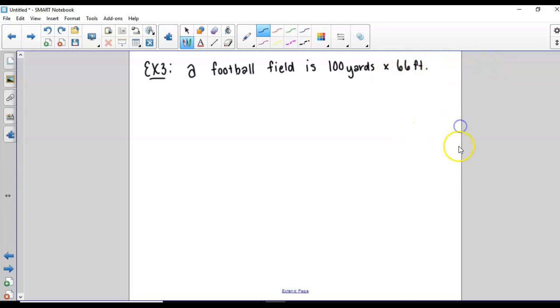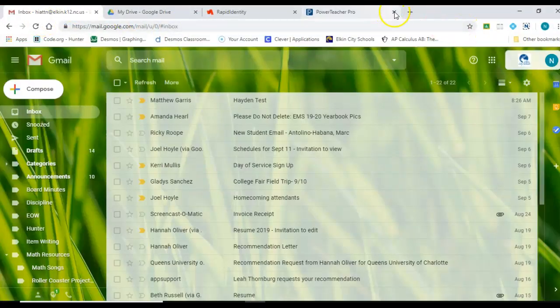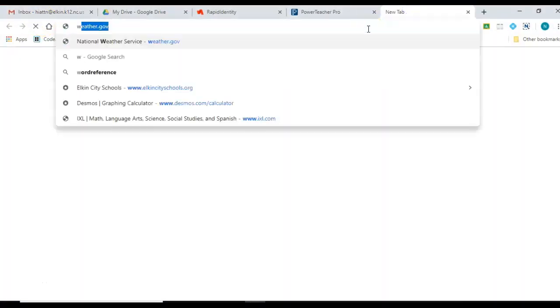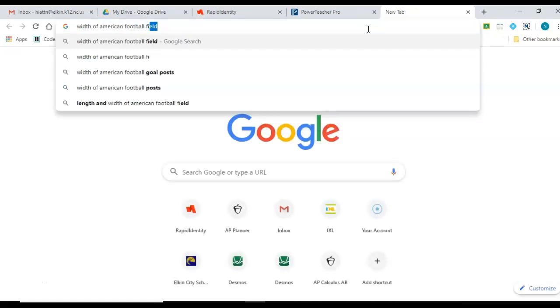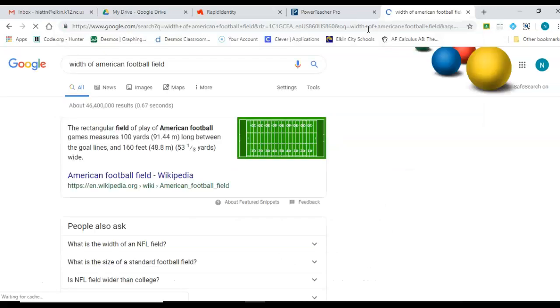Feet. 66 feet. Is that accurate? I think it is. How wide is a football field? Let's give it a quick Google just to be sure. Right, we'll just talk about the play, not all the grass, because you're right, you've got end zones and stuff like that.